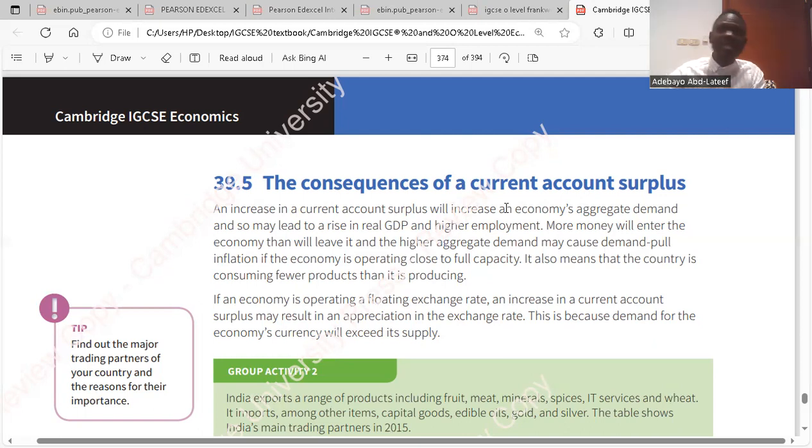But because money is flowing into the country, the currency will be in demand, which means demand for the country's currency will continue to increase more than the supply, which will later lead to what? Appreciation of currency. The value of the currency will continue to rise because demand is increasing more than supply. Is it clear? Yes.